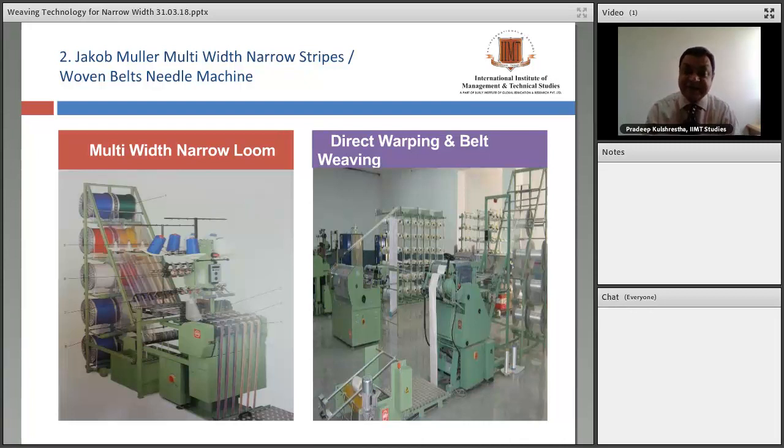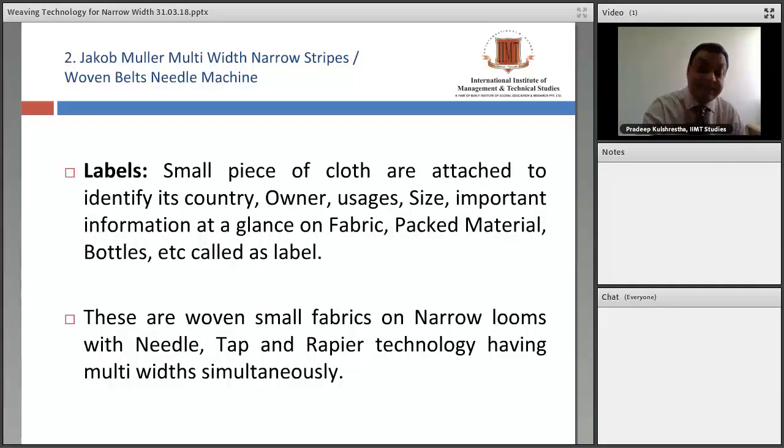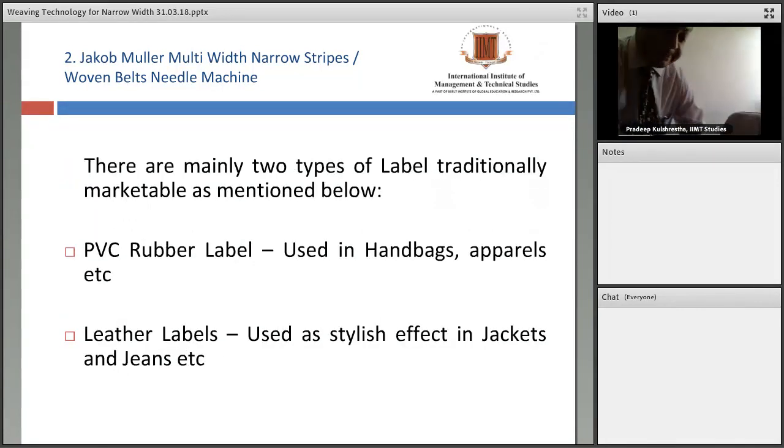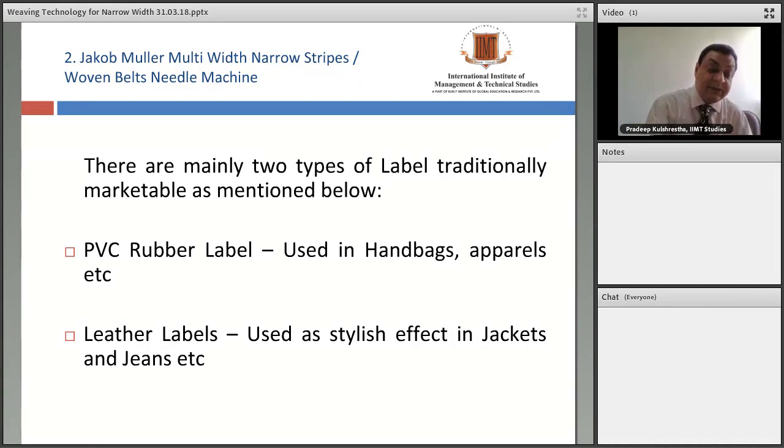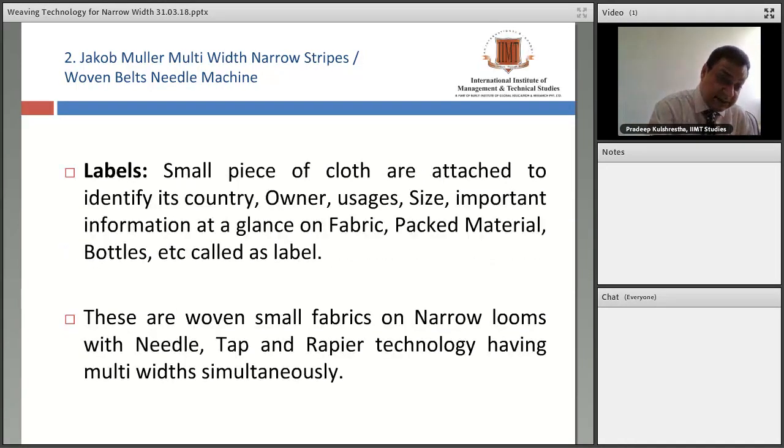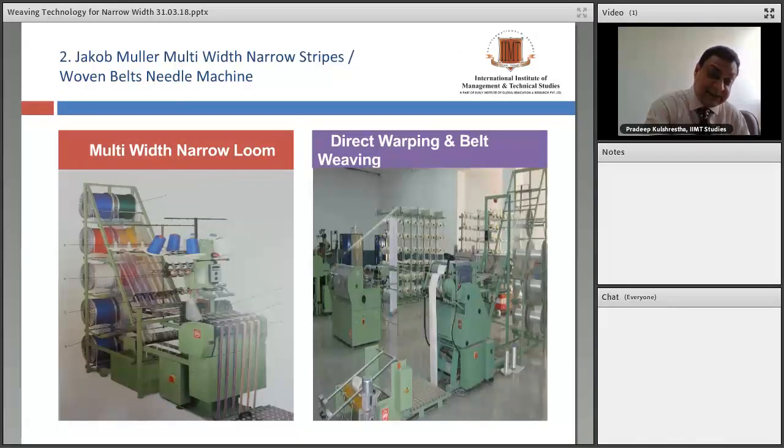If you see the direct warping machine, we are making the beams small on the machine for producing narrow fabric. Suppose we can see this beam.